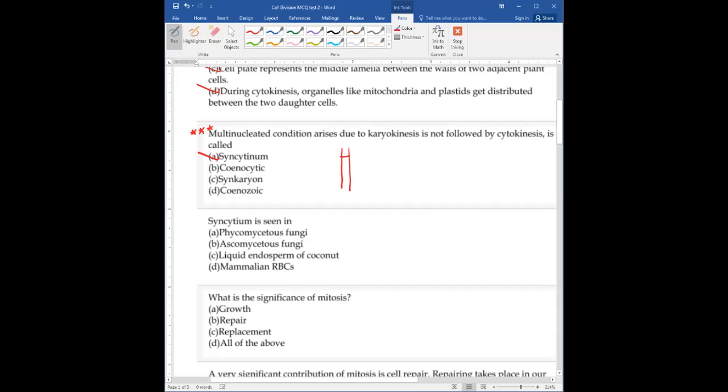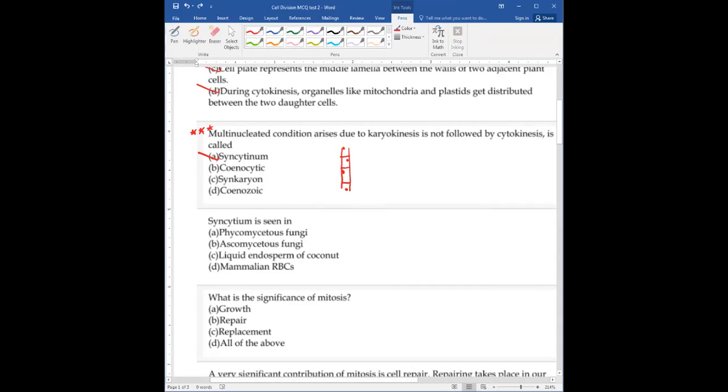So generally the fungi will show you something like this, and these are the nuclei over here. But then what happens, guys? You are going to see that these lateral walls dissolve.